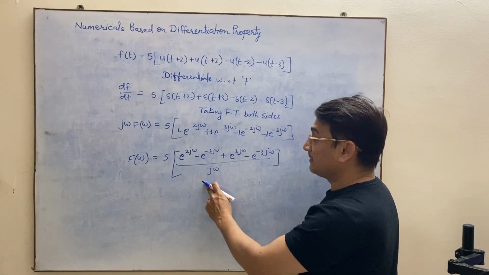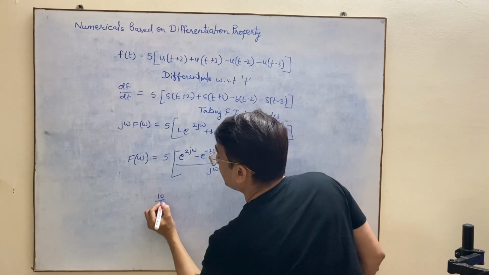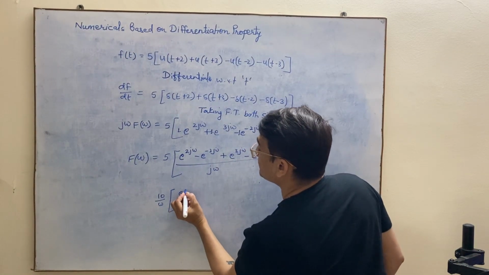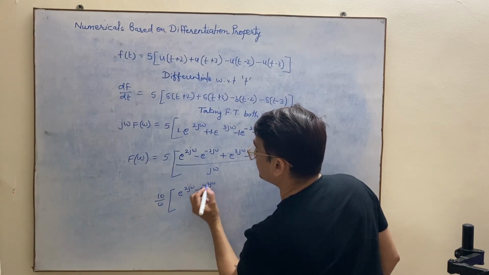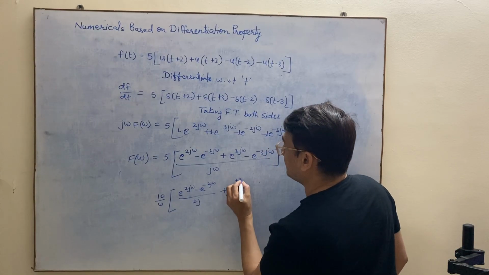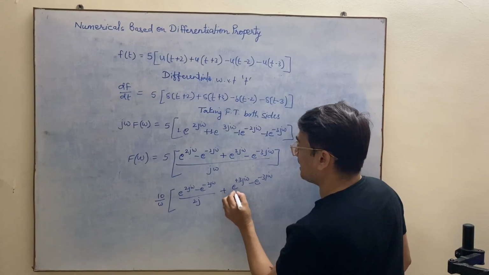Now if I multiply and divide by 2, it will become 10 by omega, and this will become 2j, which is e raised to the power 2j omega minus e raised to the power minus 2j omega upon 2j, plus e raised to the power 3j omega minus e raised to the power minus 3j omega upon 2j.